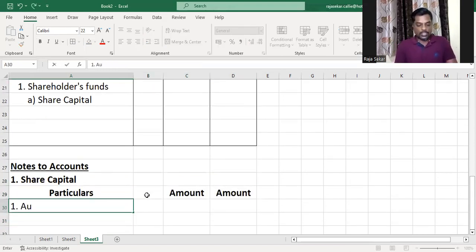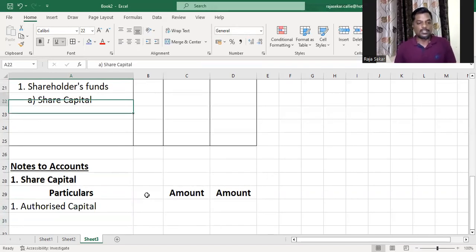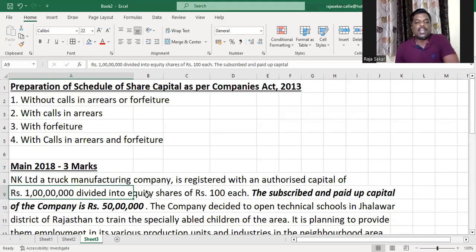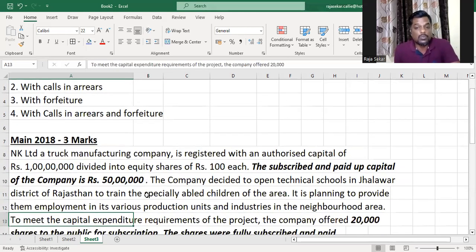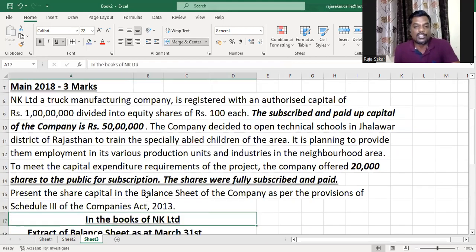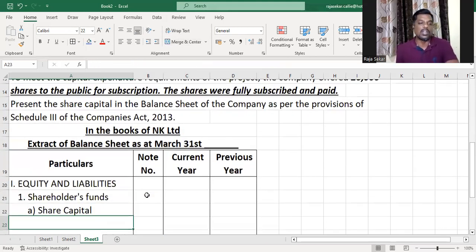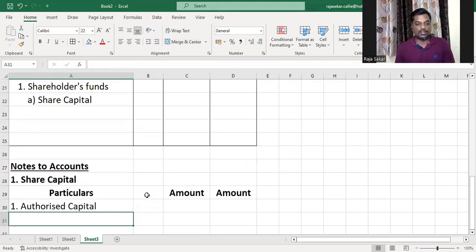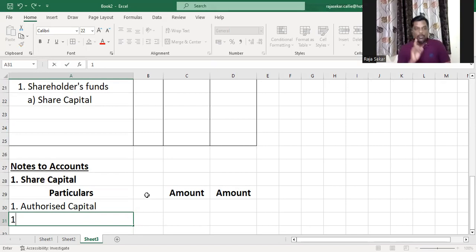First, you write the authorized capital of the company. Now, how you write authorized capital is, they've given that the authorized capital of the company is rupees 1 crore divided into equity shares of 100 each. So 1 crore divided by 100 is 1 lakh shares.